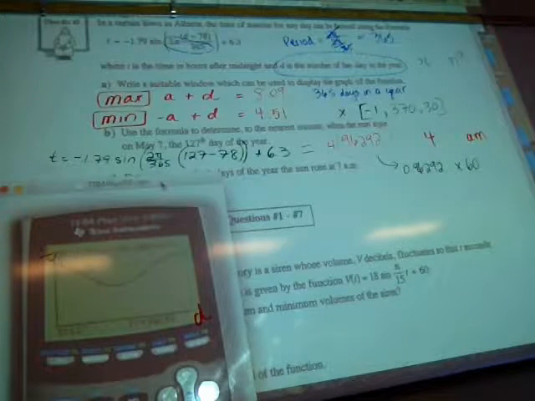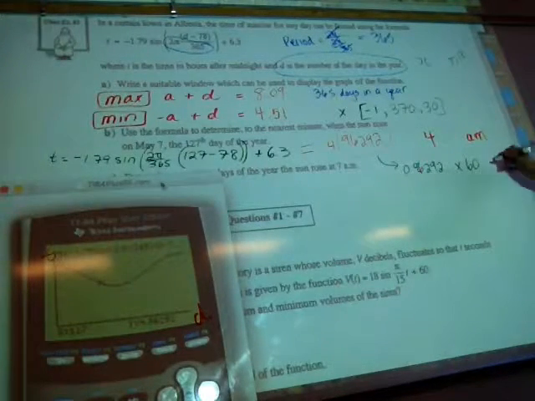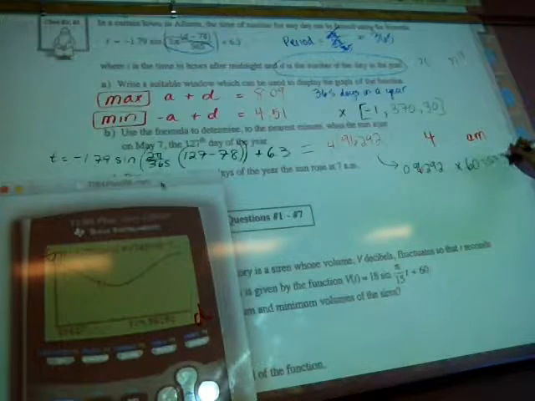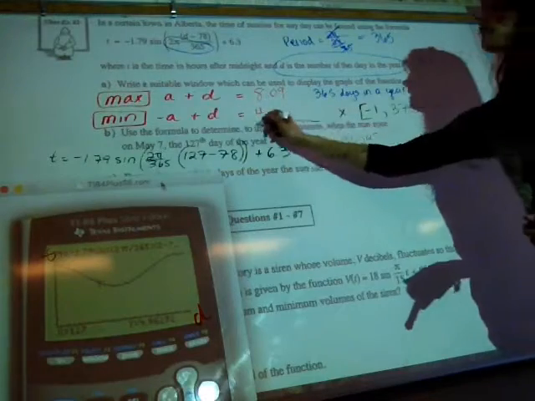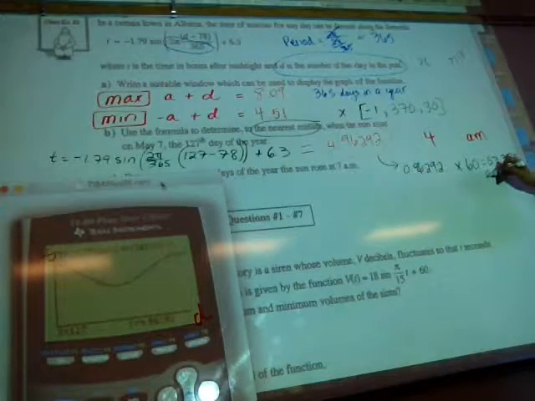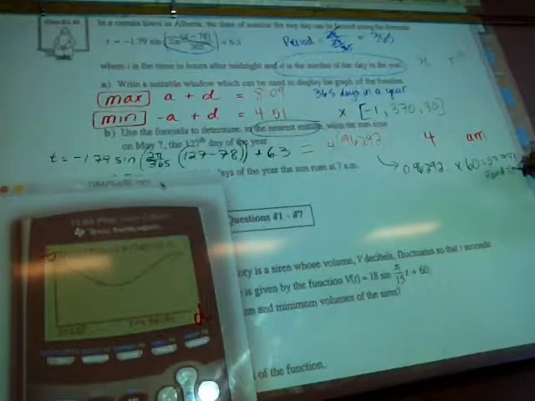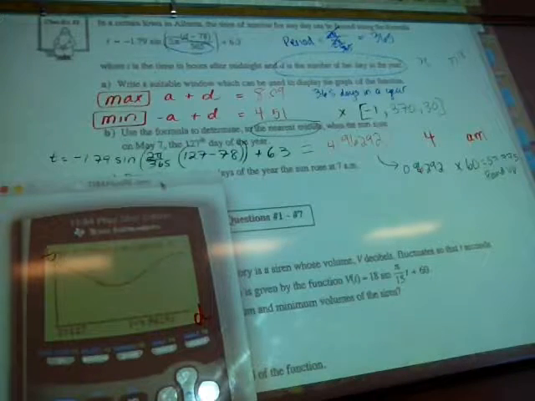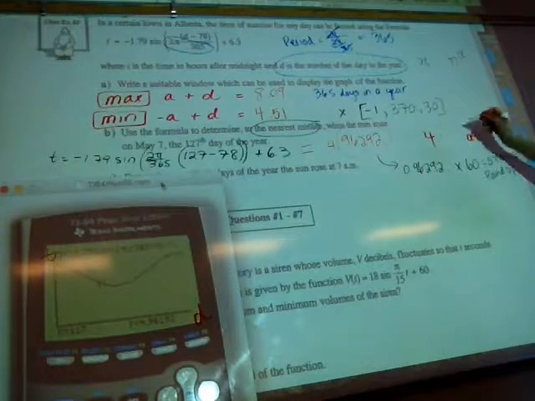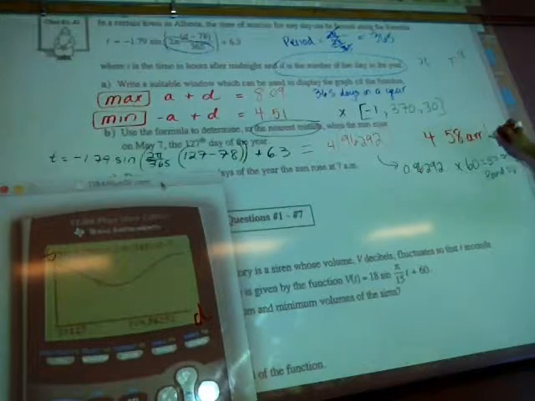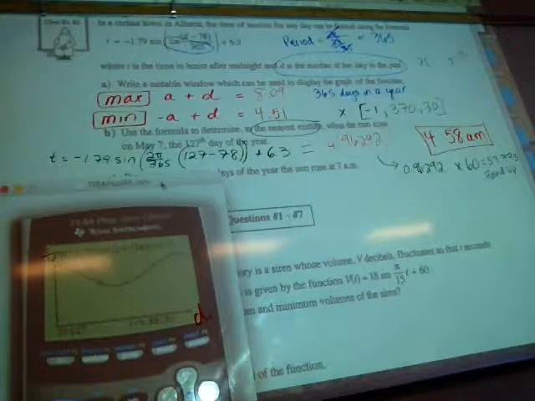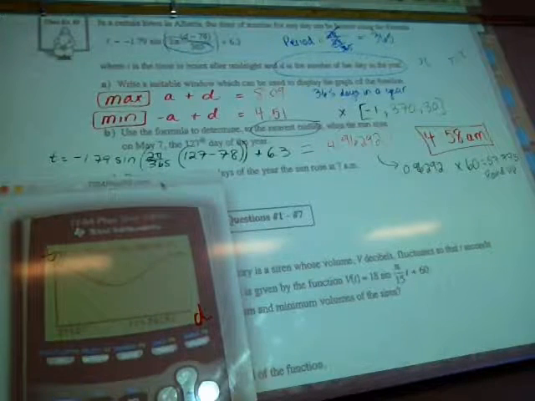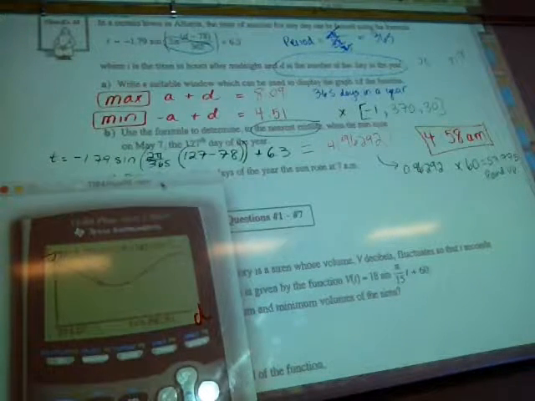You get 57.775. And they want it to the nearest minute, so we're just going to round up. So 57.77 rounded up would be 58. So at 4:58, that's when the sun is going to rise on May 7th. Pretty early. Summertime. More sun.